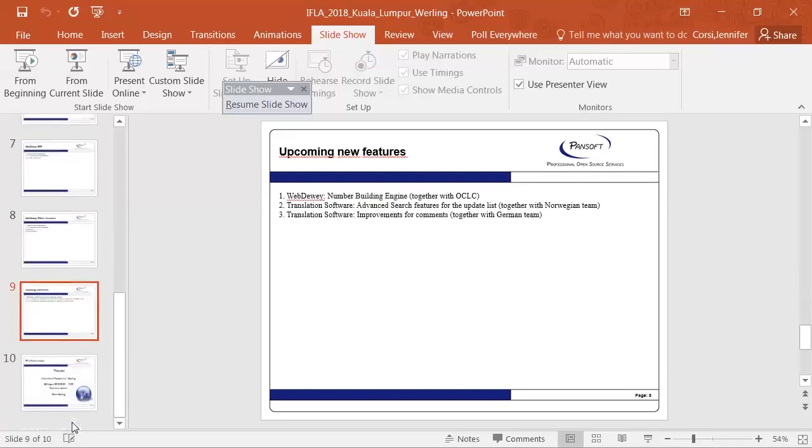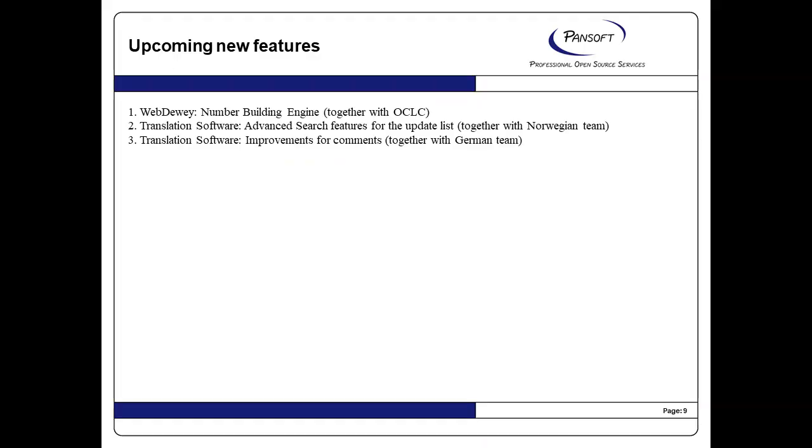And the upcoming new features: we have made a lot of improvements together with OCLC on the number building engine. And I expect pretty soon we will see an install of the OCLC WebDewey, including that new number building engine rules and features.